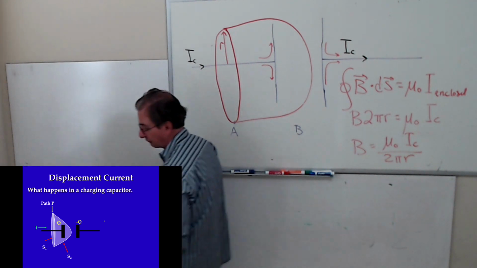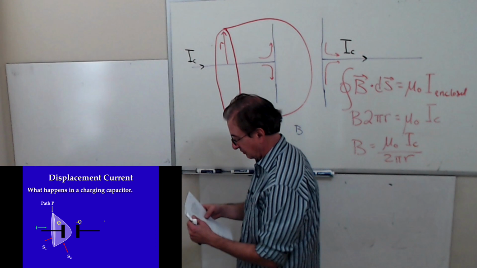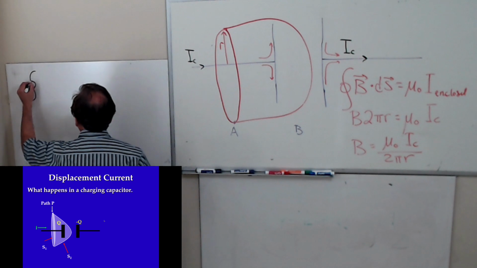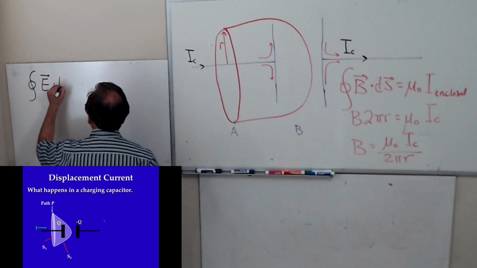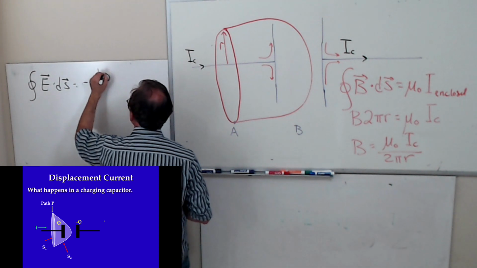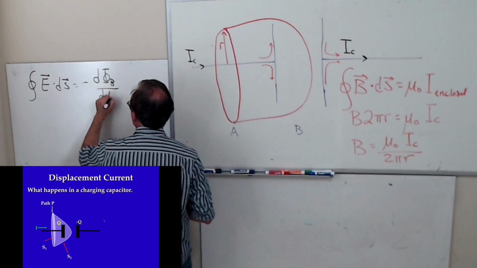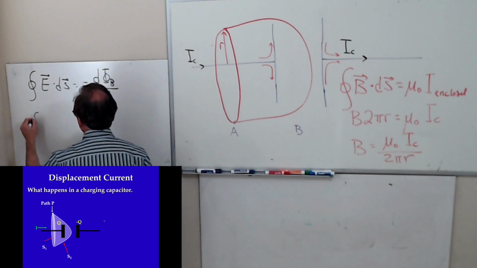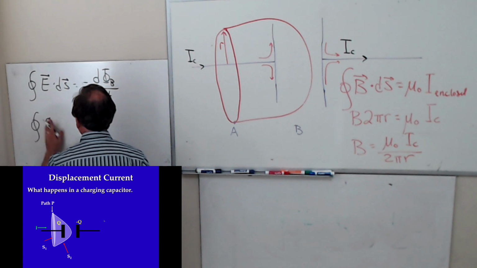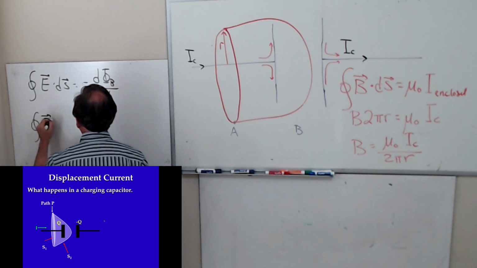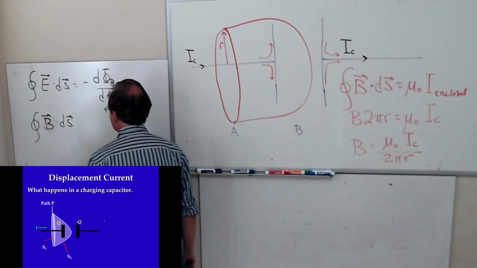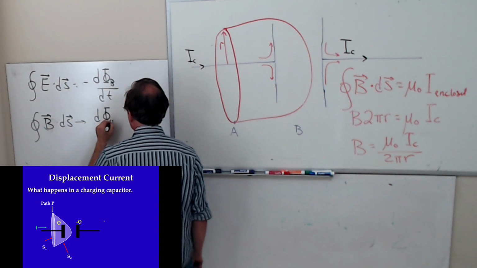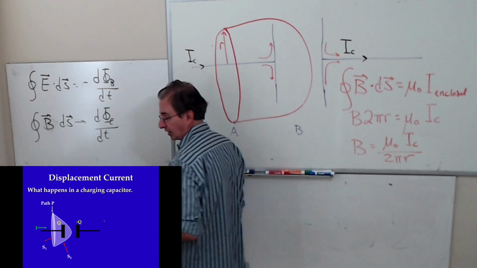Faraday also knew about this problem, but Maxwell was the person who came up with the solution. Maxwell said, if the integral of E dot ds is equal to minus d phi sub B over dt, and nature is symmetric, why can't we have this integral related to the time rate of change of the electric flux?